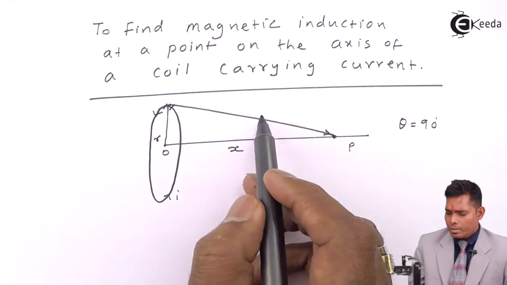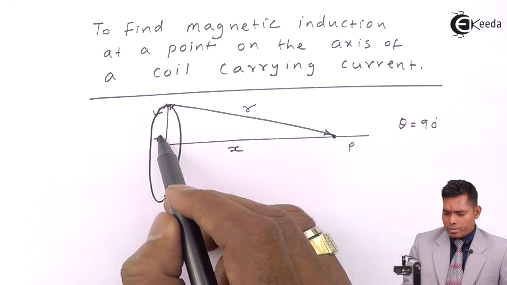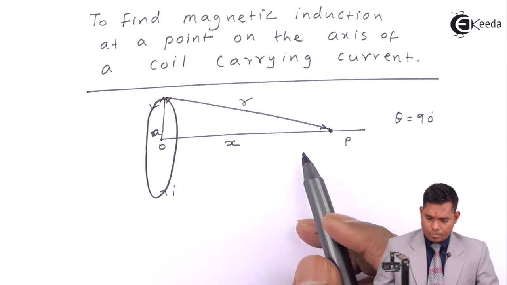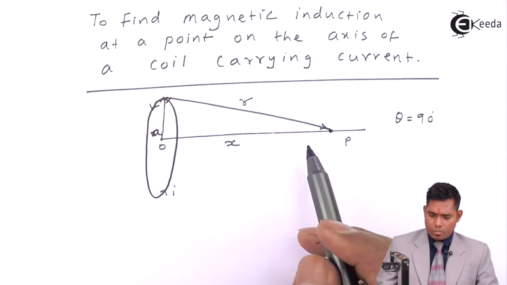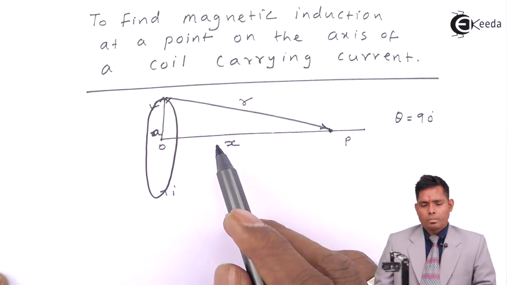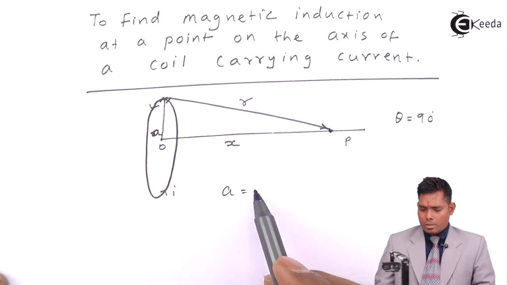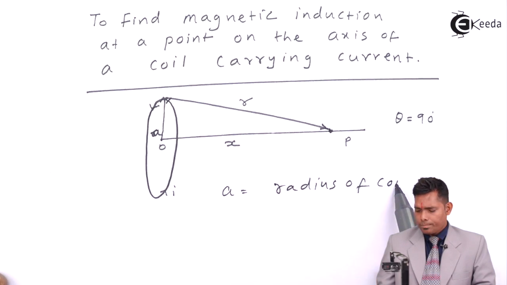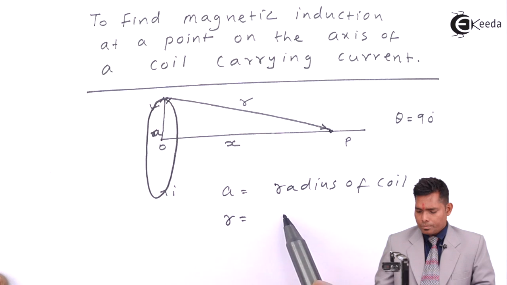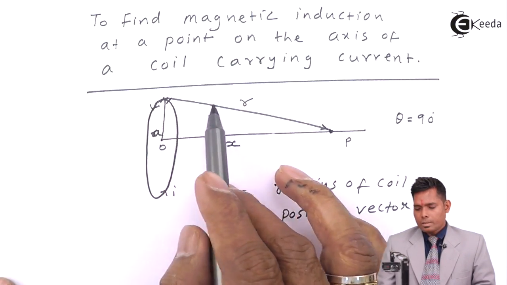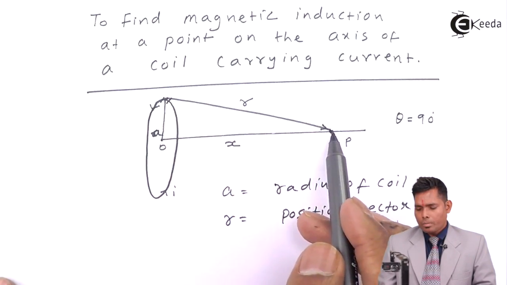Suppose this length, okay, this is R we have taken, so radius we can take A. I will write all the symbols that I have used. A is the radius of coil. R is the position vector. Here the position vector means this distance of the element from the point.